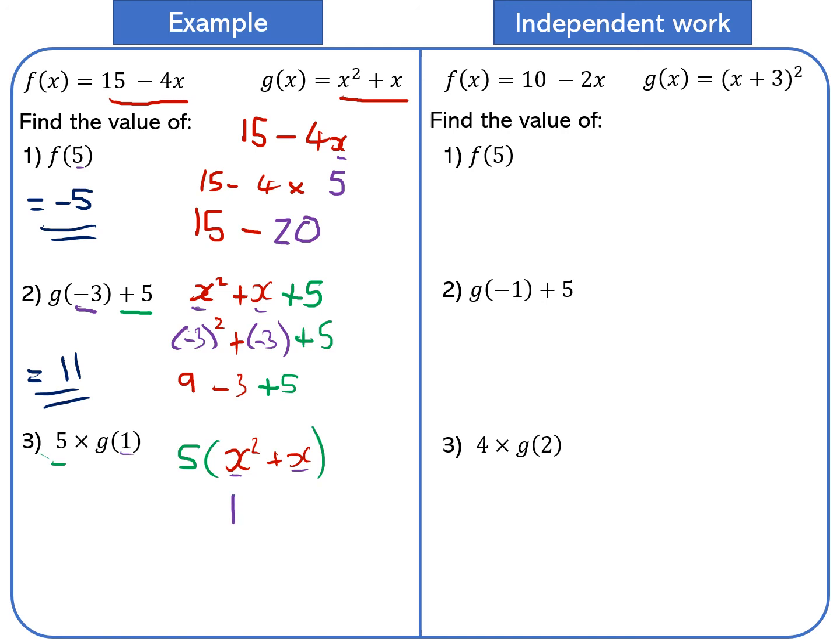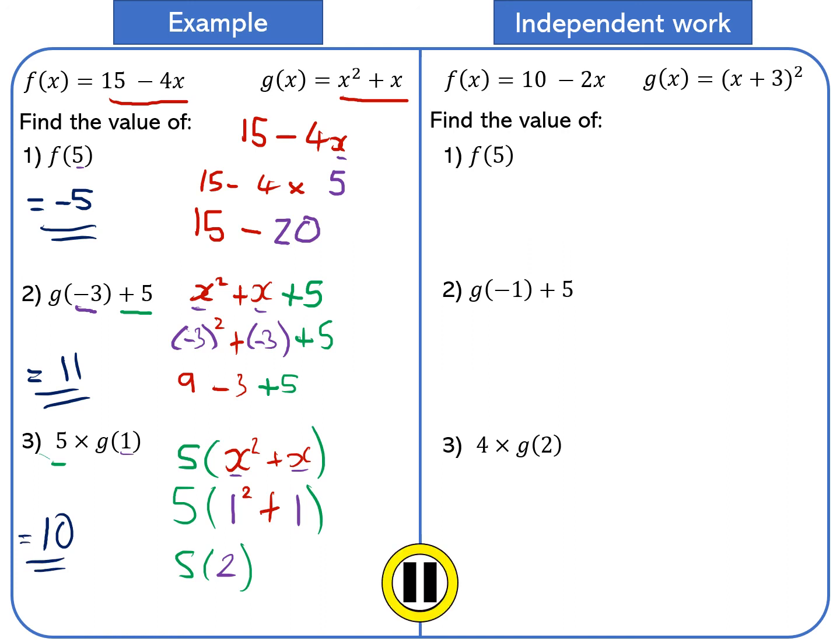So I've got 1 squared plus 1 in my bracket. And so 1 times 1 is 1, plus 1 is 2. So this is 2 inside that bracket. And that's just 5 times the bracket, so it's 5 times 2, which is 10. And that's our answer for the third one.